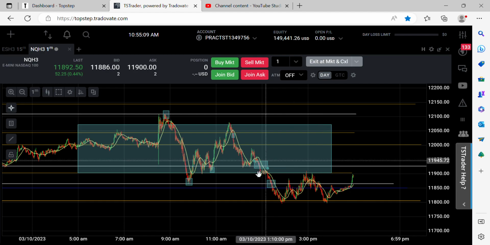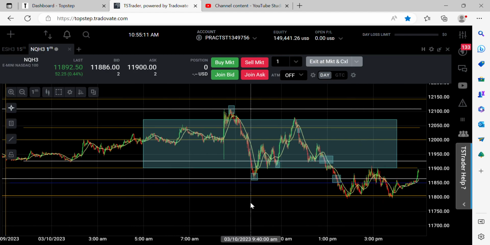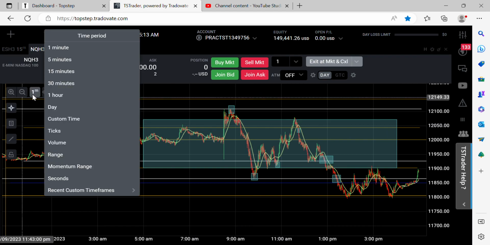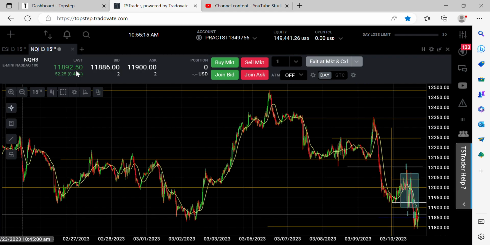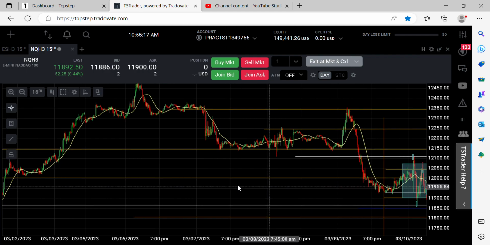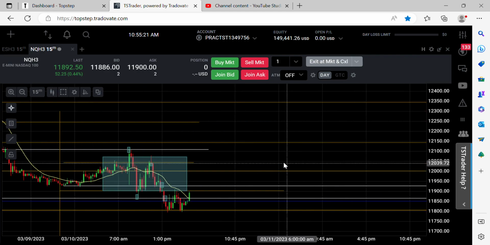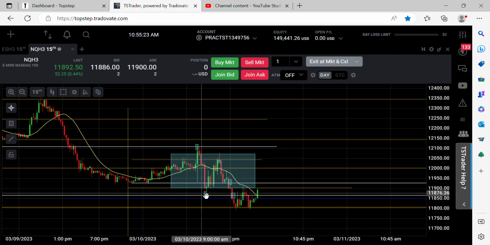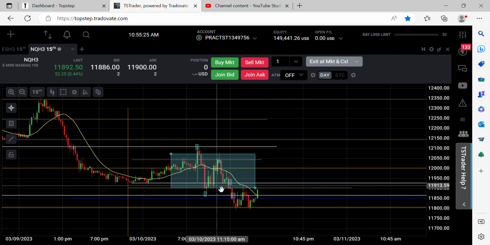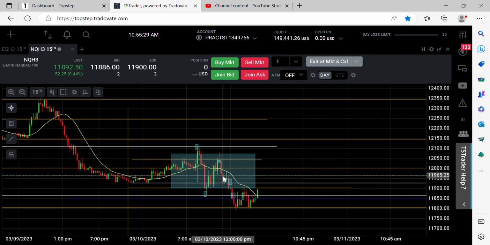And it's going to be a little funny, but I like trading larger time frames, like typically a 15. And on a 15, you know, I'm seeing a bar here, a wick, kind of a stable area there.